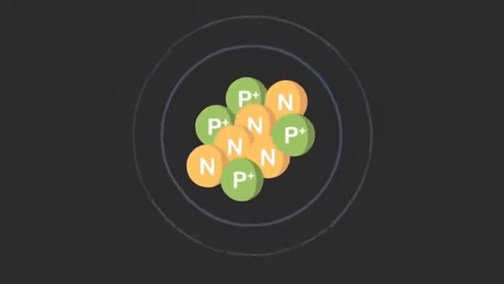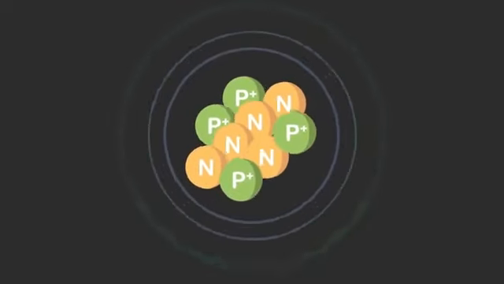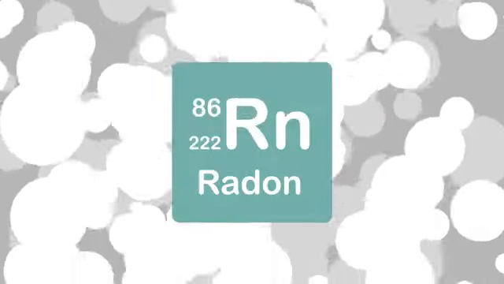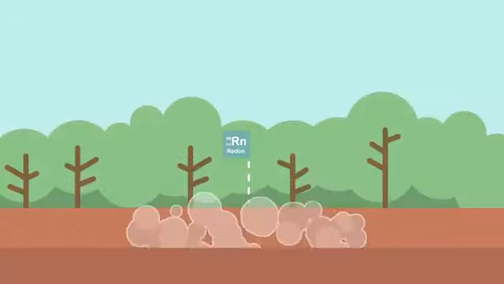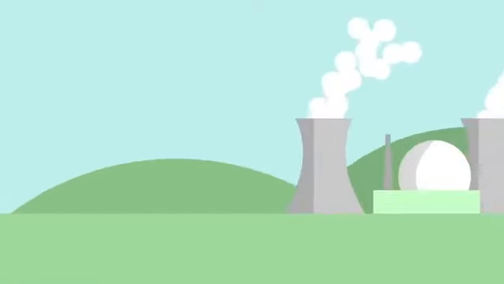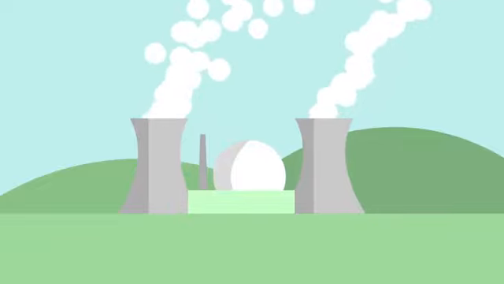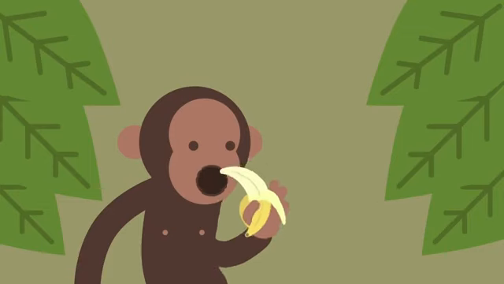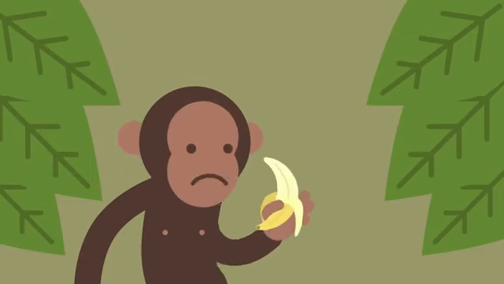They will randomly eject matter and/or energy known as nuclear radiation to achieve greater stability. Nuclear radiation comes from natural sources like radon, a gas which seeps up from the ground. We also refine naturally occurring radioactive ores to fuel nuclear power plants. Even bananas contain trace amounts of a radioactive potassium isotope.